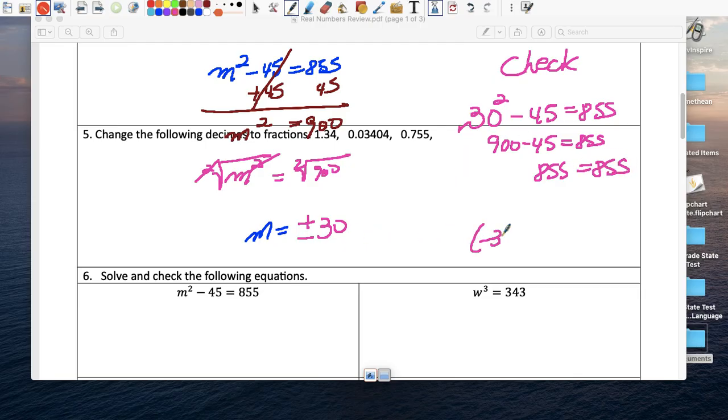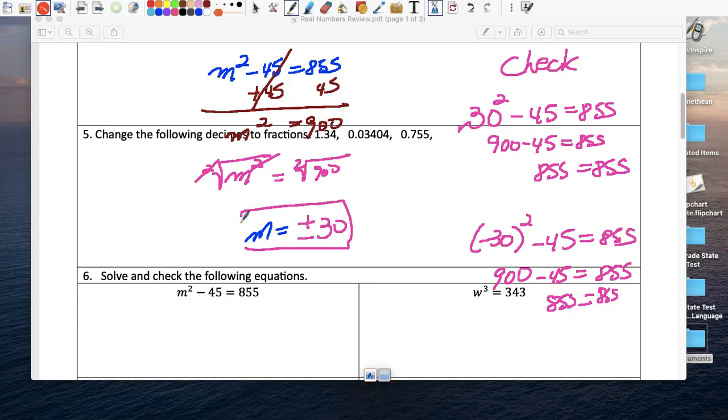Negative 30 to the second power minus 45 equals 855. That equals 900 because negative times a negative is positive, and 30 times 30 is 900. And you'll notice that both negative 30 and positive 30 work. So the answer to this one is plus or minus 30. If you just write plus 30, you will not get full credit. Okay.